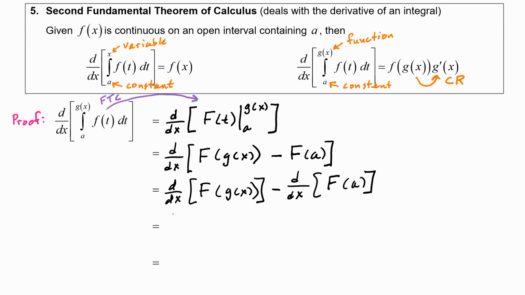Our naming convention is that the derivative with respect to x of capital F is little f, so this turns into little f of g of x. And then because it's a composite function, we have to apply the chain rule and take it times g prime of x, minus, over here we know that a is equal to a constant.